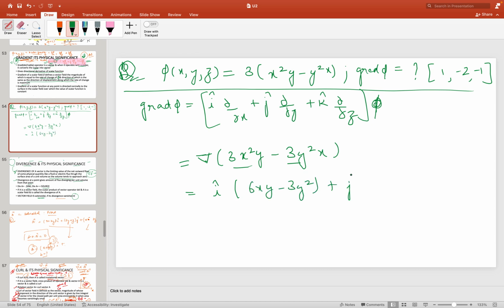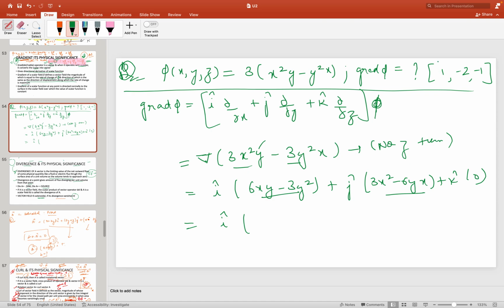And for j cap, y terms are also there, it will become 3x square minus 6yx. Then for k cap, there is no z term, so it will become 0. So my answer will be i cap this expression plus j cap this expression.